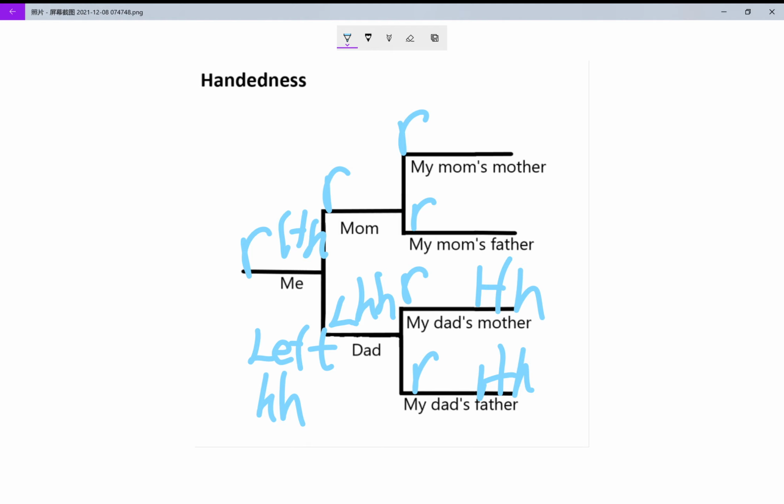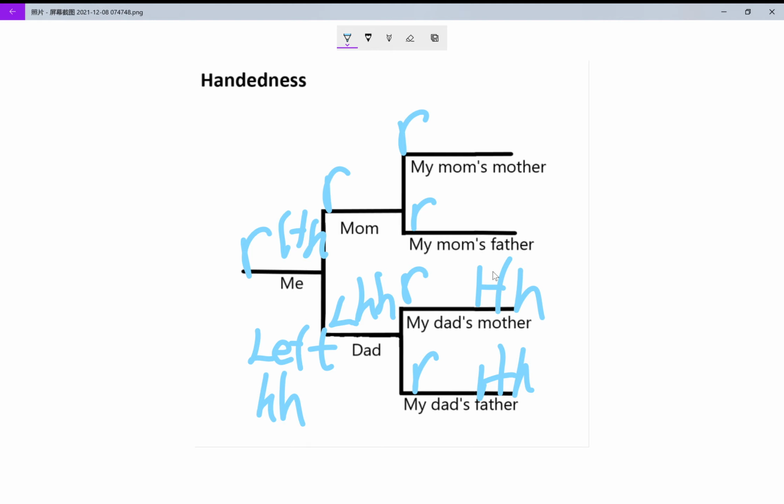Then if my genotype is 2 big D, my kids must be double eyelid. Or if my genotype is a big D with a little d, then I cannot find out what my kid's eyelid will be.